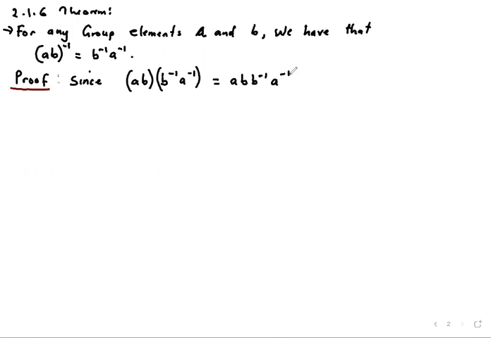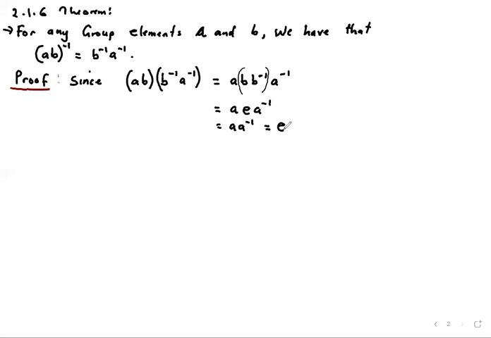Meaning, if we want, we can put some brackets here, like that. So the meaning of this is that we have A, identity, A inverse, because B multiplied by B inverse gives the identity. And again, the identity here disappears. It gives us A A inverse, which also gives us the identity.